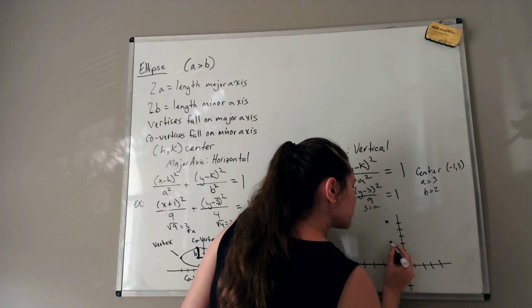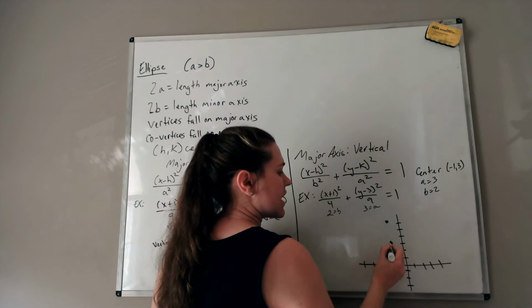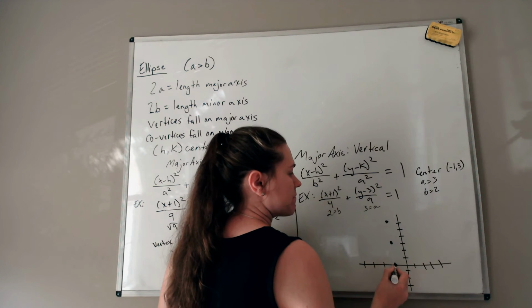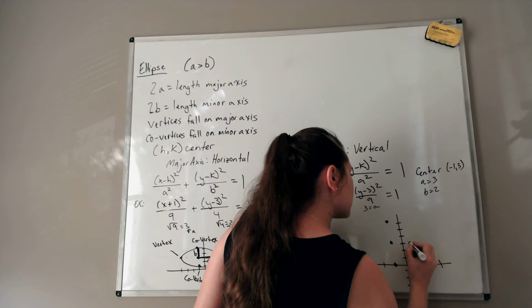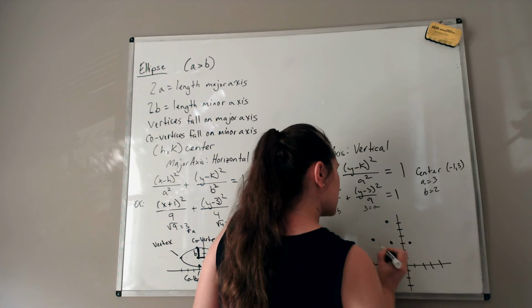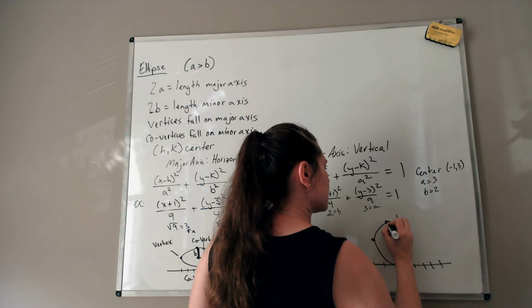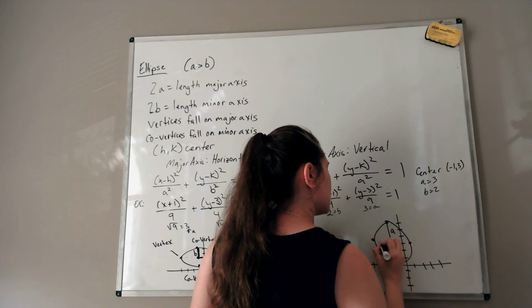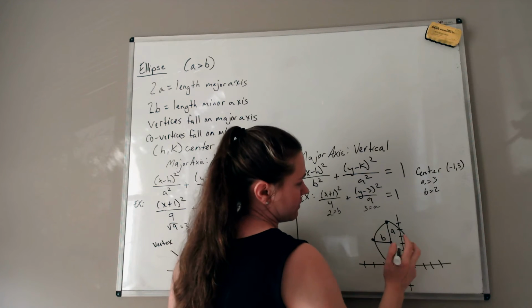You've got to go down 3 from the center, 1, 2, 3. This now has a length of 2A. Now the minor axis, go to the right 2, go to the left 2. And this right here has a length of A, this has a length of B.